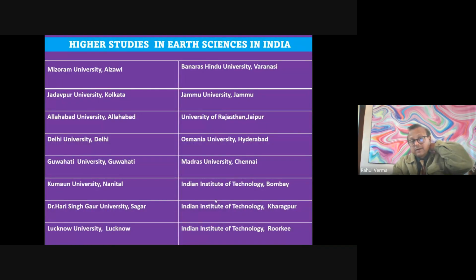Now we are coming to the end of this. Let me give you a quick review. The students can search more of the new opportunities. Even the sites are there, but there are the names of some important universities which are pioneers in the study of earth science.